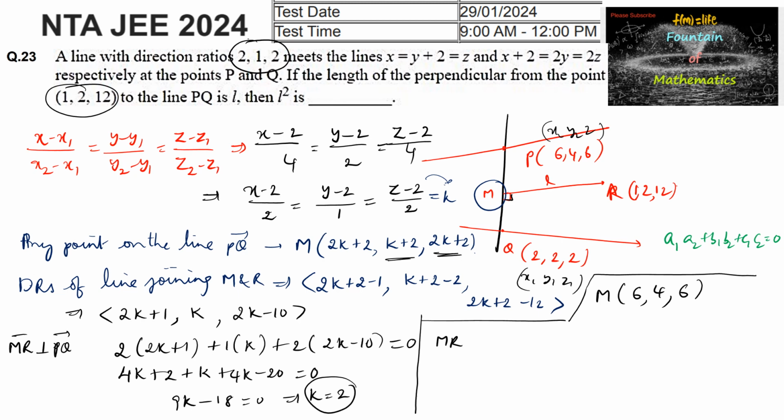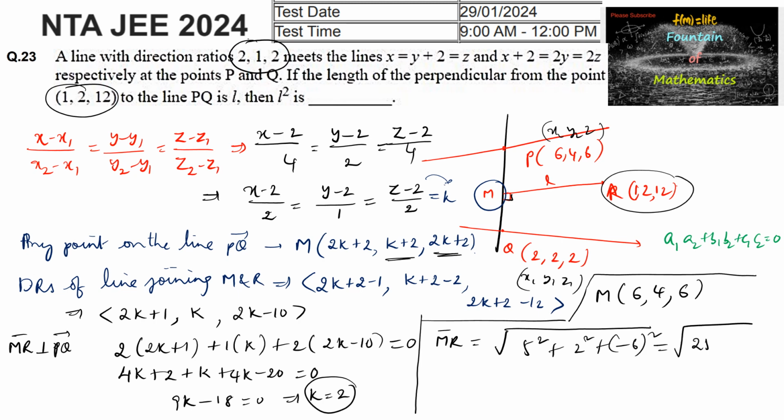Now the length MR is equal to the square root of, R being the point (1, 2, 12), 6 minus 1, that is 5 squared, and 4 minus 2, that is 2 squared, and 6 minus 12, that is minus 6 whole squared, which is root of 25 plus 4 plus 36, so root of 65, which is L as given.